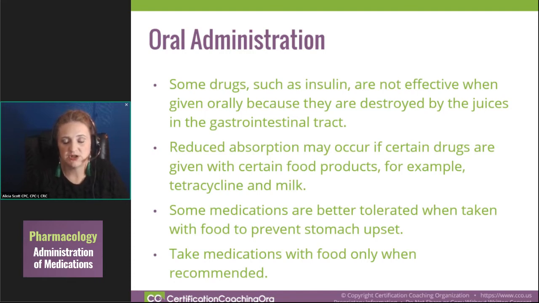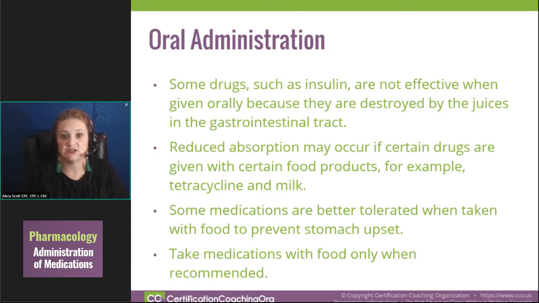It's very important to note, and we'll say this more than once probably, that some medications cannot be given orally, no matter what. And insulin is a perfect example of that. It does not survive the gastric contents of the stomach. So that's why you'll never see insulin in oral administration form, whether it be a pill or anything else like that.